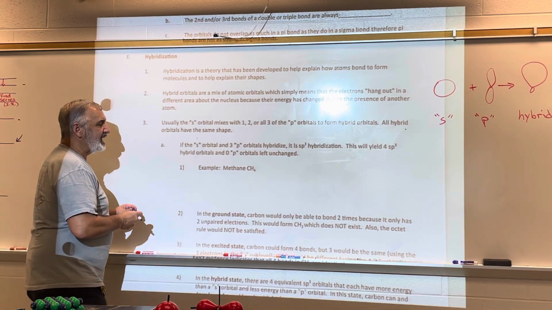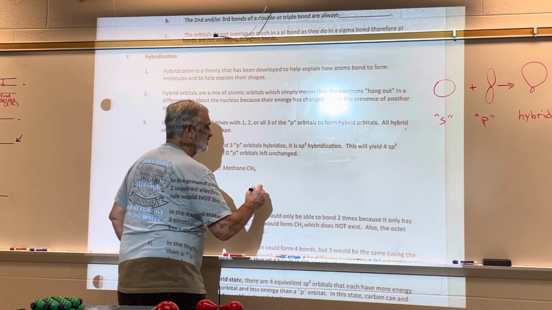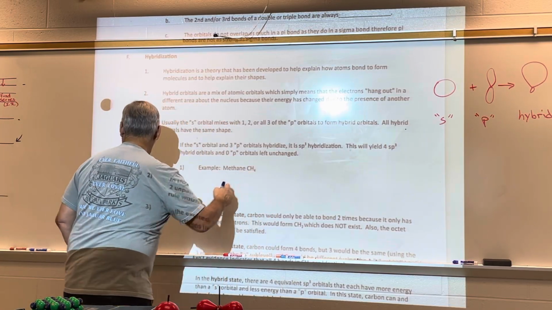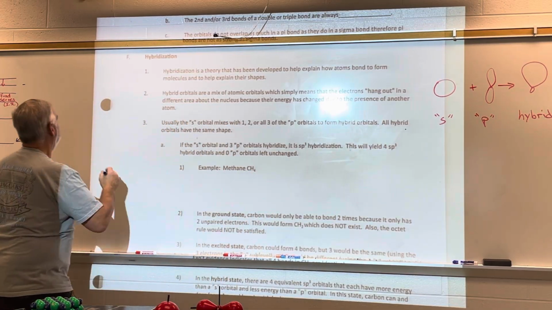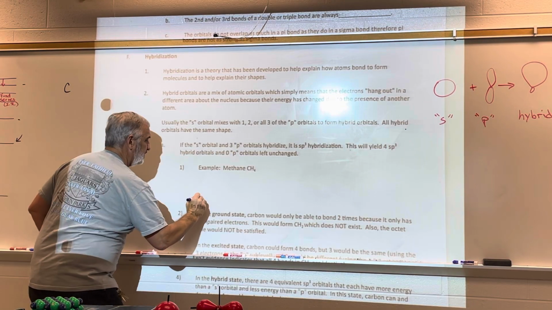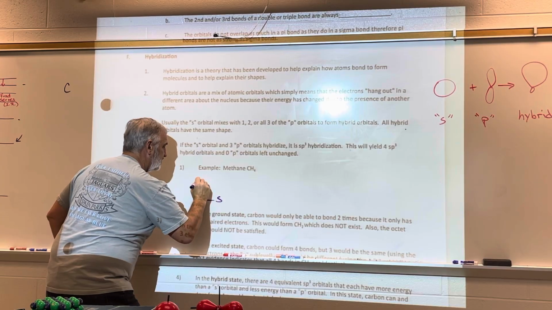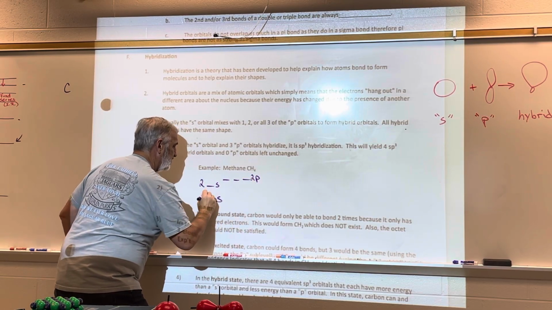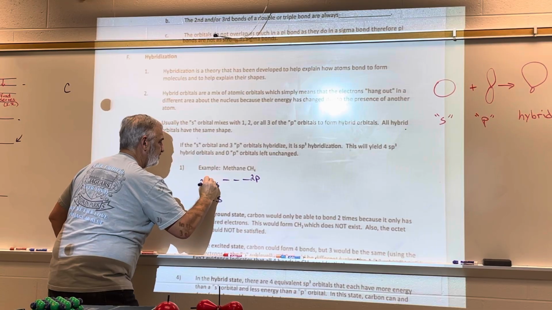Okay, so now, if we go through this, we're going to go through 3 steps. So methane is CH4. And I really don't have enough room for this. But if I look at carbon, 1s, 2s, 2p, it's going to look like this.